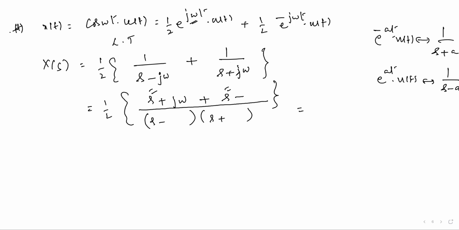Numerator: s plus j omega plus s minus j omega, j omega cancels. Denominator is s minus j omega times s plus j omega.